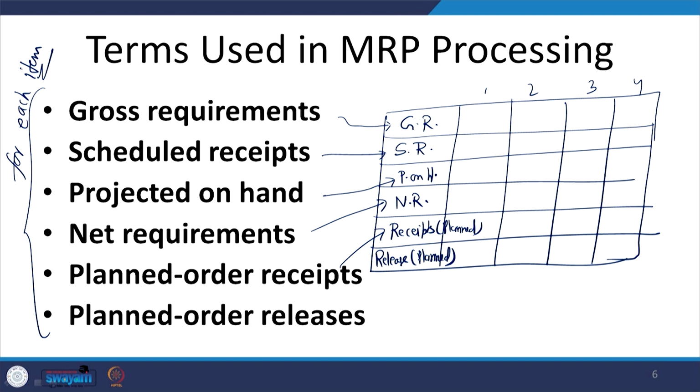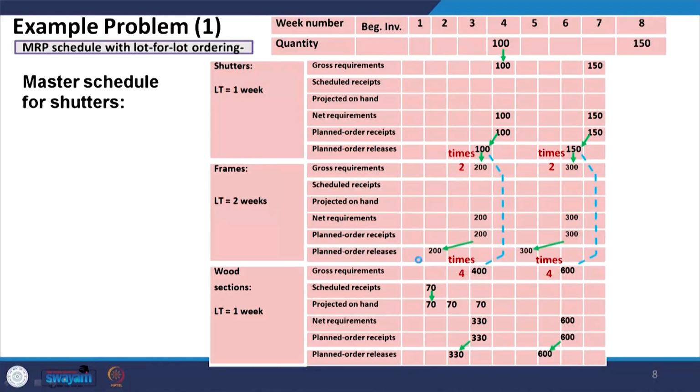So, these are the various terminologies which we will be using in developing our MRP output. Now, if I see this particular example, it will give us a very good understanding about the working of the MRP system.